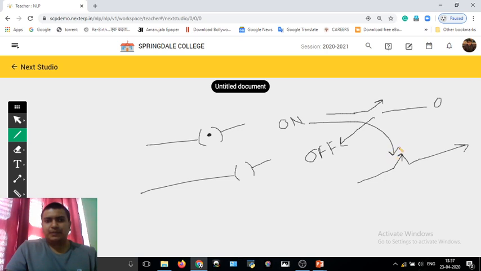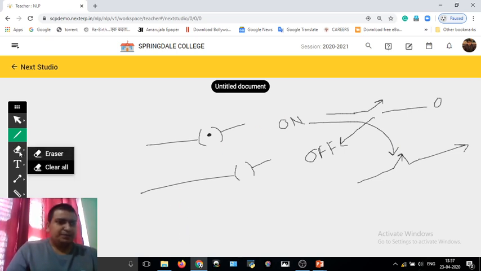So there are various ways to represent the key, and a key will represent either on mode or off mode. You must be clear on whether the key is representing on or off.